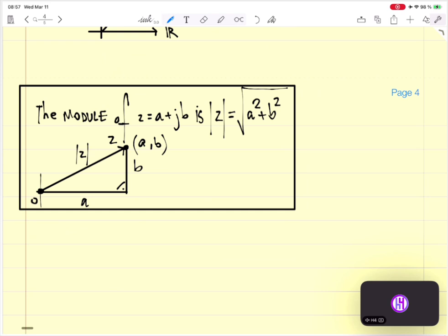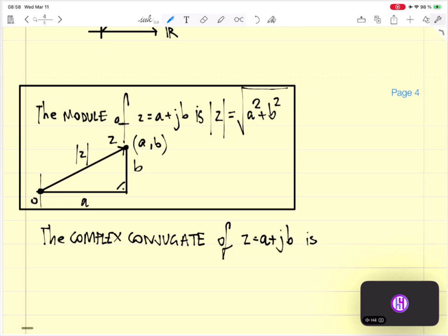So the complex conjugate of Z is Z with a line, A minus JB.